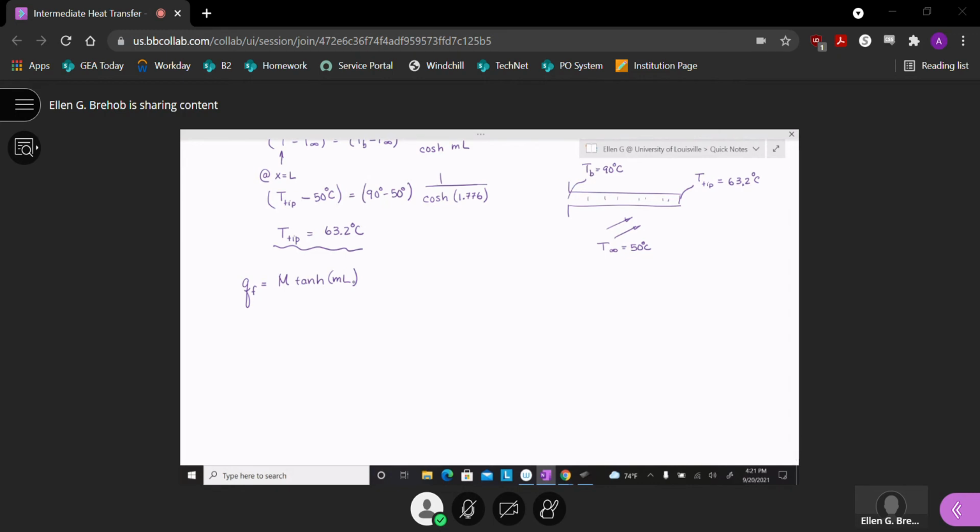So we had this equation, we used this a little bit earlier. And again, this is for a fin of uniform cross section and an adiabatic fin tip. Okay.